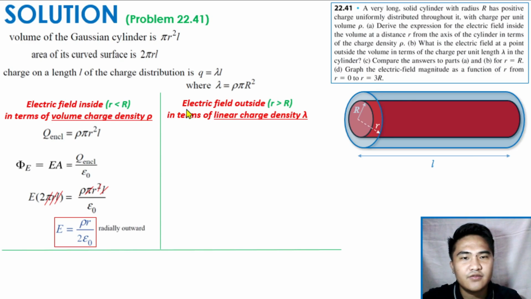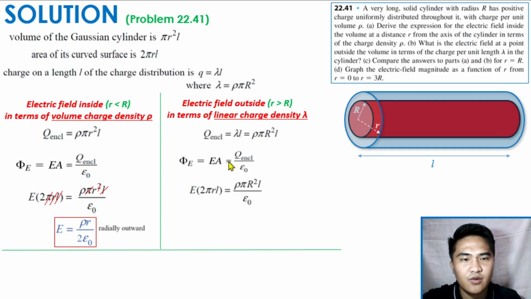Now, after solving the electric field inside, let's solve for the electric field outside, wherein small r is greater than big R. This time, in terms of linear charge density, lambda. The Q enclosed is equal to lambda L, which is equal to rho pi big R squared L. We will use Gauss's law again, and substituting the value, our area is 2 pi small r L and is equal to the Q enclosed.